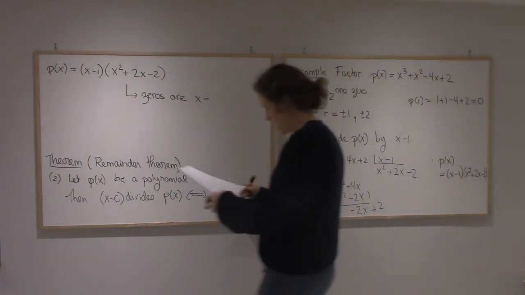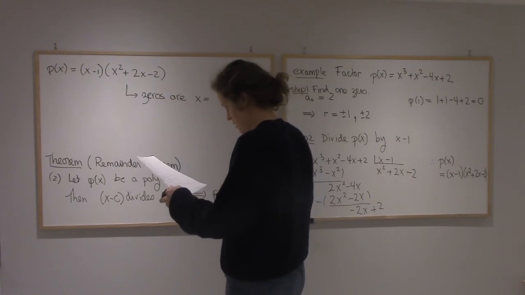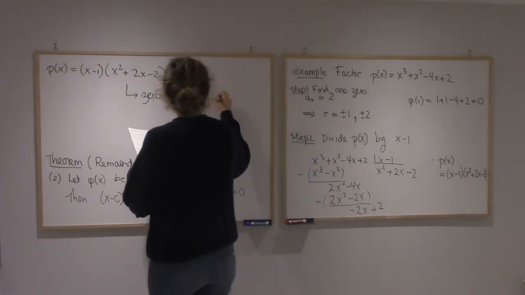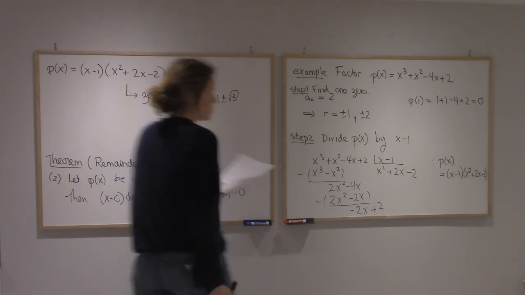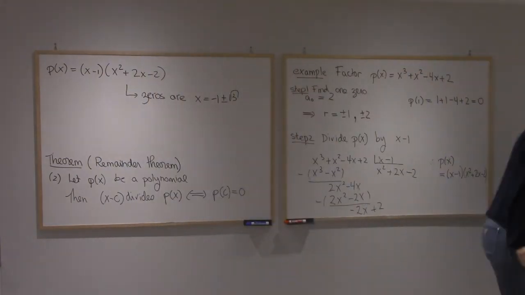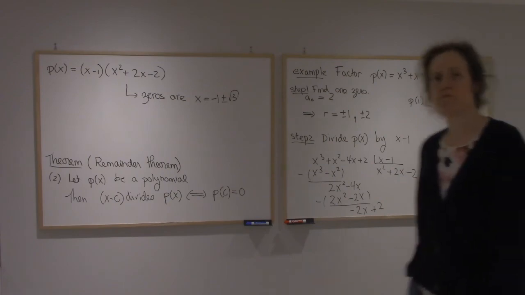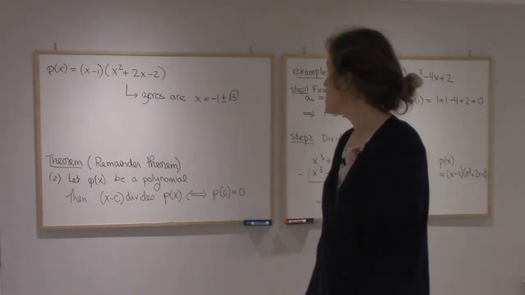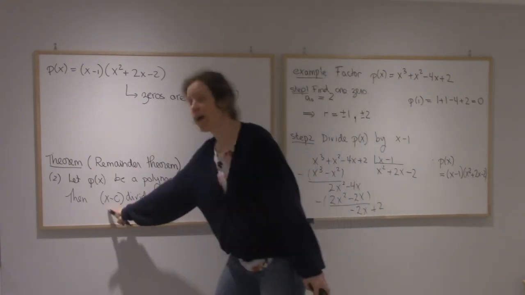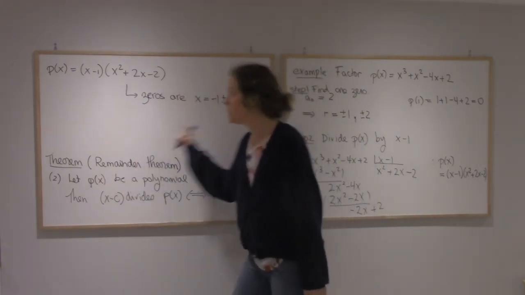So I'm getting minus 1 plus square root of 3 and minus 1 minus square root of 3. Alright, so I have my two other zeros. So that tells me that x minus each of them would be a factor.